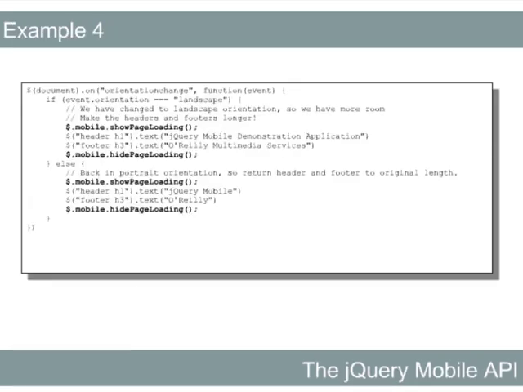Here's an example where we're using the page loading method, where we're hiding and showing the page loading dialog. I just basically took our previous example, and when the user changes their orientation, I show the page loading dialog, manipulate the content, and then hide the page loading dialog. It gives the user a little bit of feedback that something's going on there.